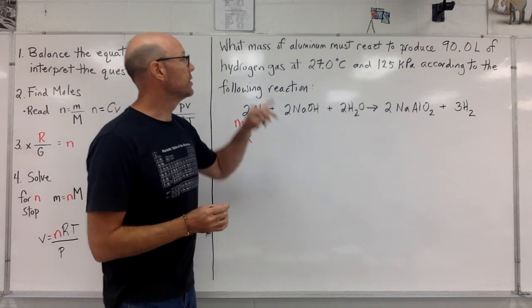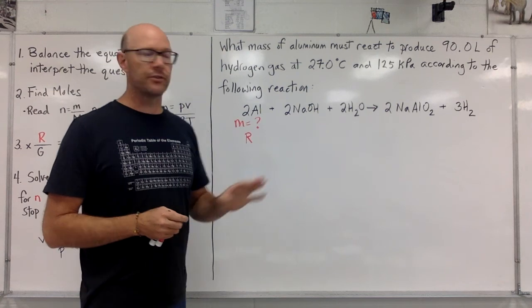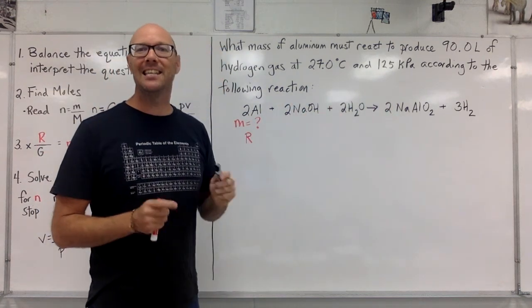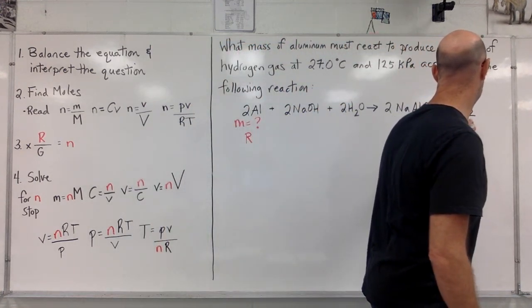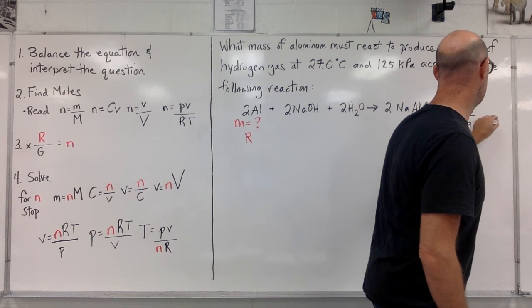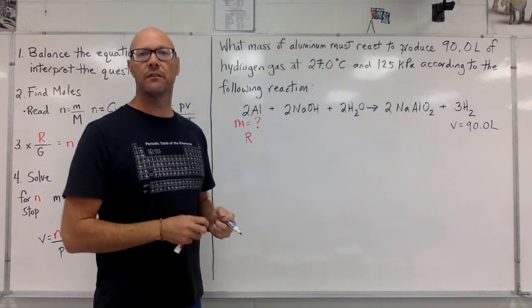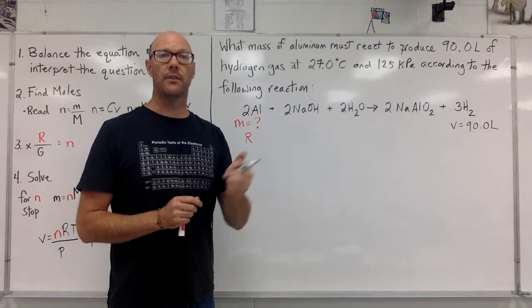We have some givens. Look at that, 90.0 liters of hydrogen gas. The hydrogen is way over there at the end. We have 90 liters, the volume. What flashes through my mind is, yes, the volume's already in liters. I don't have to do a unit conversion. That's so good.